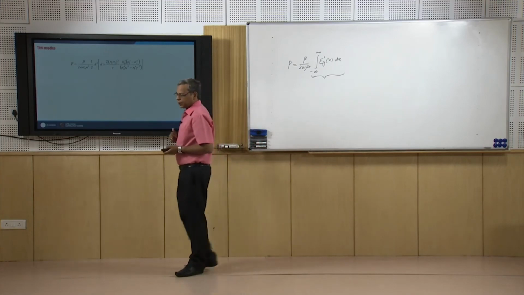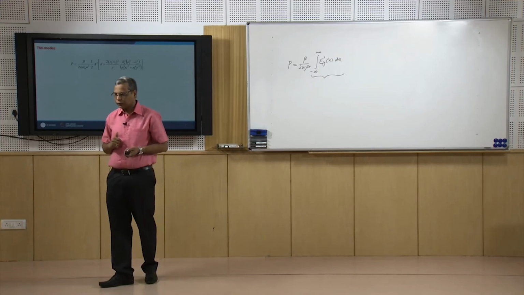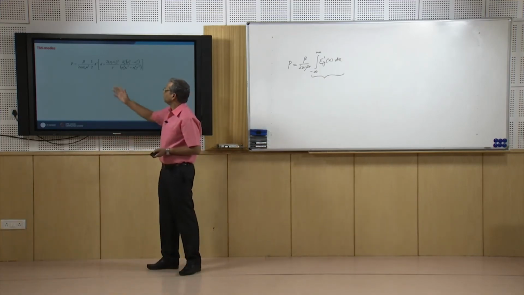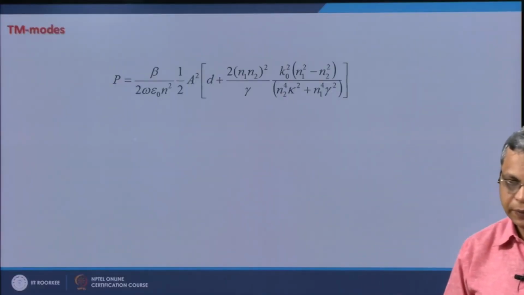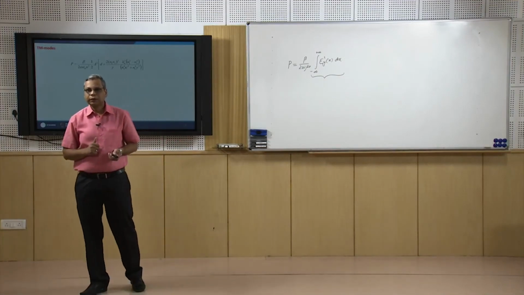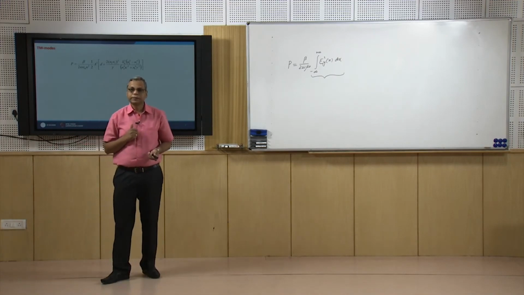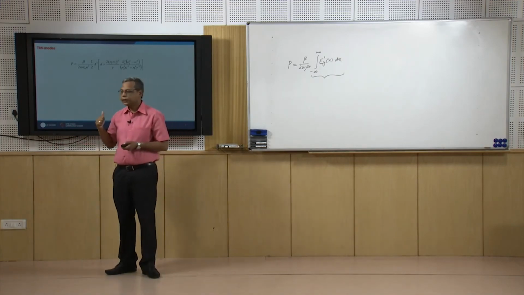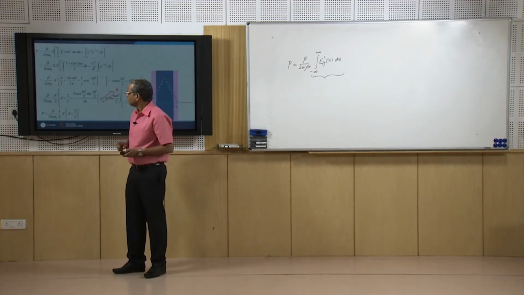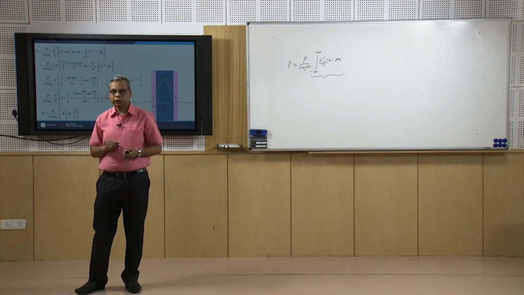For TM modes, I can do the same analysis and find out the power associated with TM modes, and it is given by this. Although I had found out the power by taking the example of symmetric modes, these expressions are valid for anti-symmetric modes also.